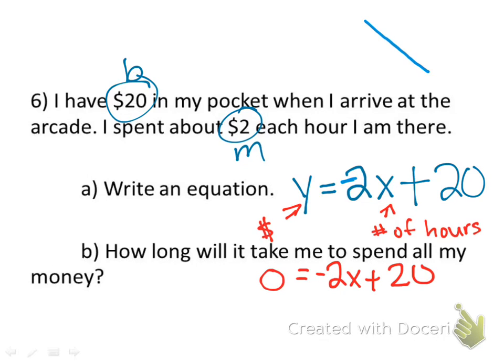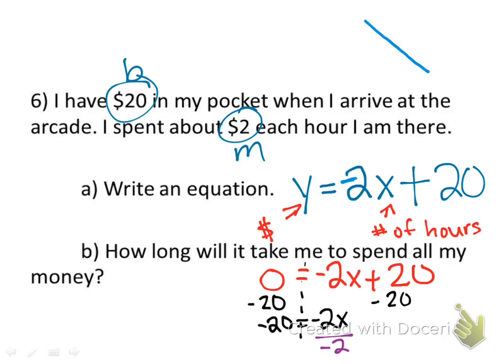How would you undo adding 20? You have to start by subtracting 20 from both sides of your equal sign. So negative 20 equals negative 2x. And then what's your last step for getting x by itself? How do you undo multiplying by negative 2?